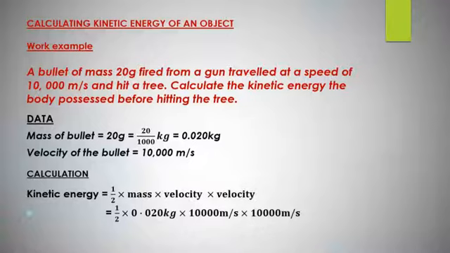Now let's move on. So by substitution, we have half times 0.020 kilograms times 10,000 meters per second times another 10,000 meters per second. I hope you understand why we are repeating the values. Yes, because in the formula, velocity has been repeated.